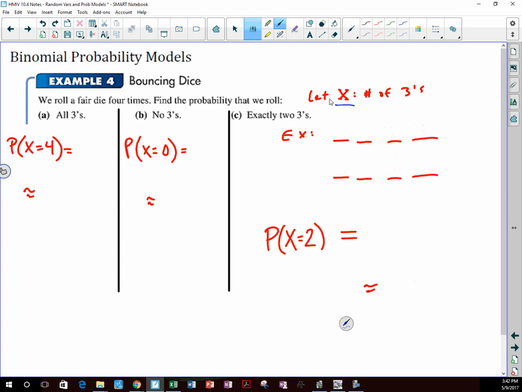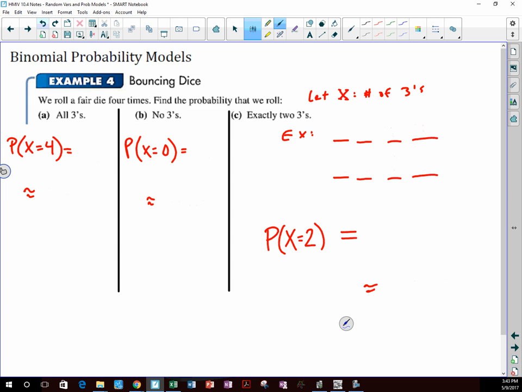The reason why we call this a random variable is because it can take on multiple or different values. It's not like solving for a variable in algebra class where you get your final answer of x equals 3. If you roll a die 4 times, you could have 0 threes, 1 three, 2 threes, 3 threes, or 4 threes. So there are different values that this random variable could take on.